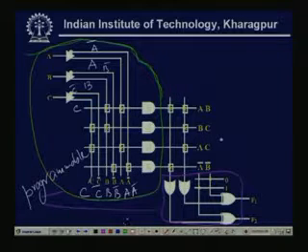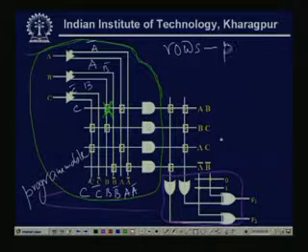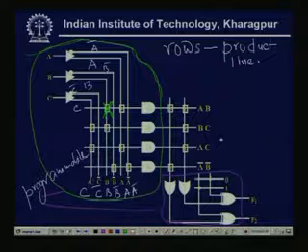Now, as per the cross points, normally we call the rows product lines, because they realize the min terms, which are nothing but the product of the literals or the variables.